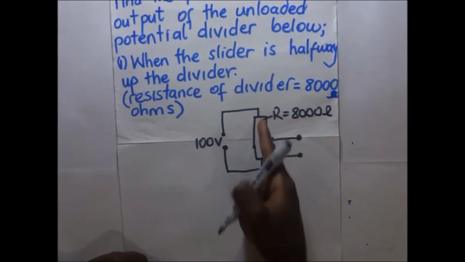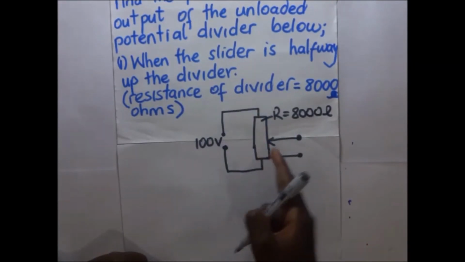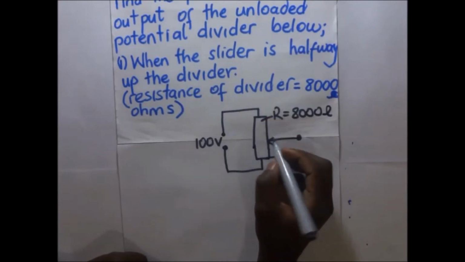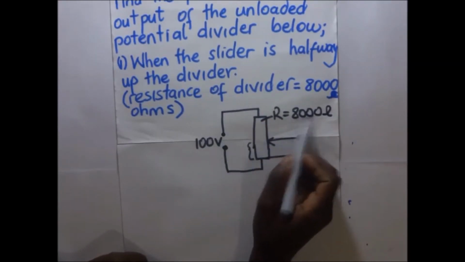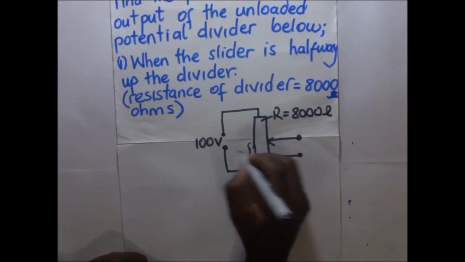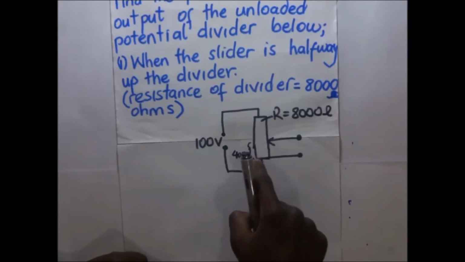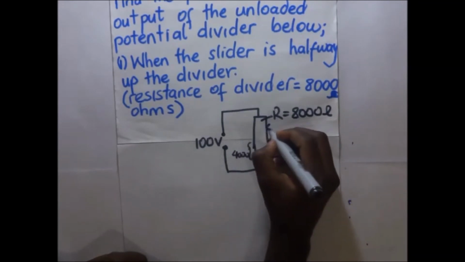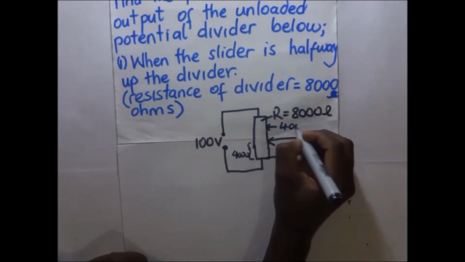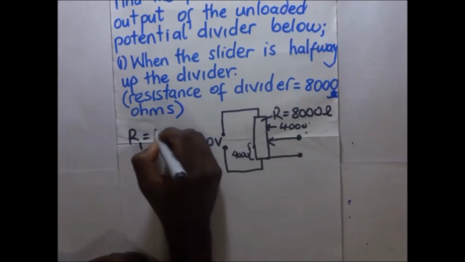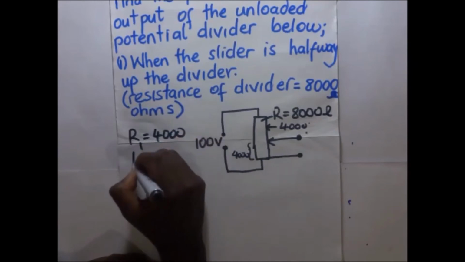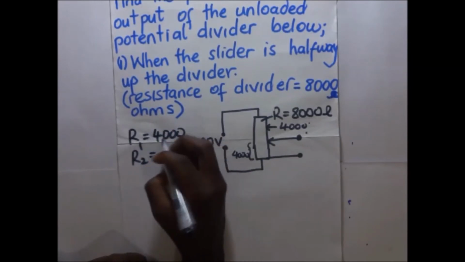If this whole thing is 8,000 ohms and the slider is halfway up, it means that this will be 4,000. The resistance from here to halfway is 4,000, and the resistance of the upper part is also 4,000. So R1 will be 4,000 and R2 will also be 4,000.